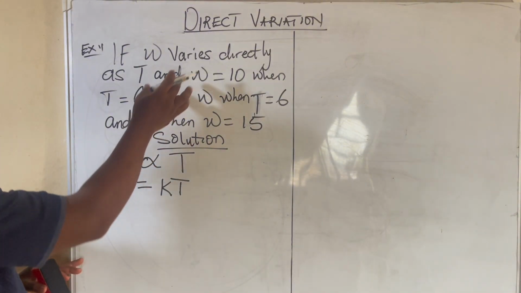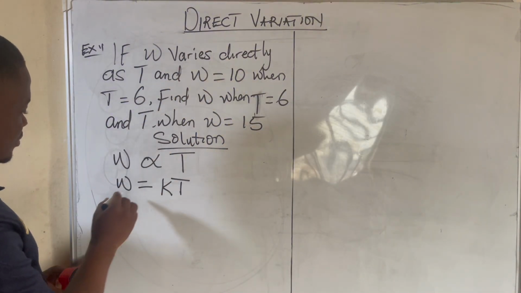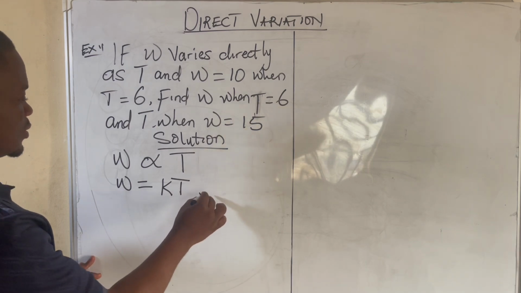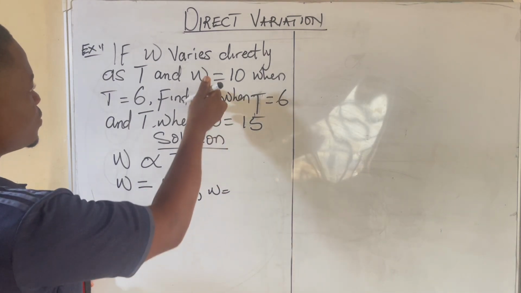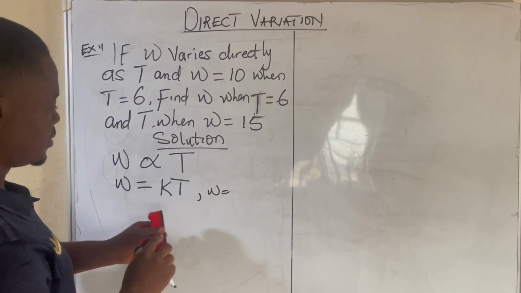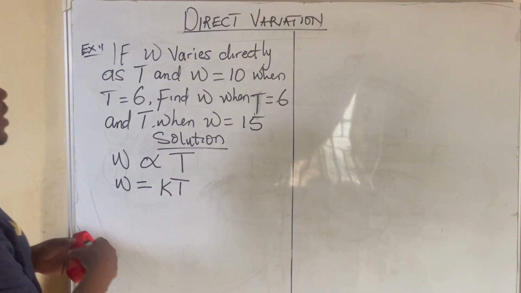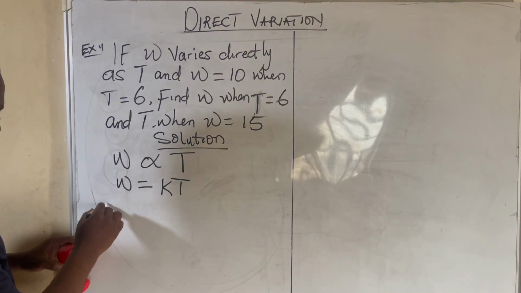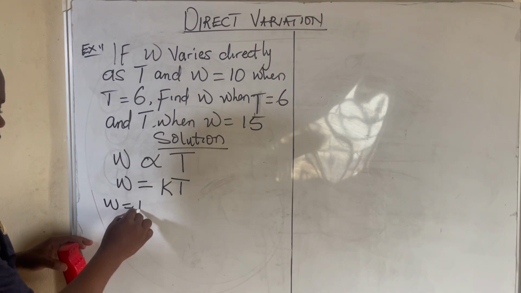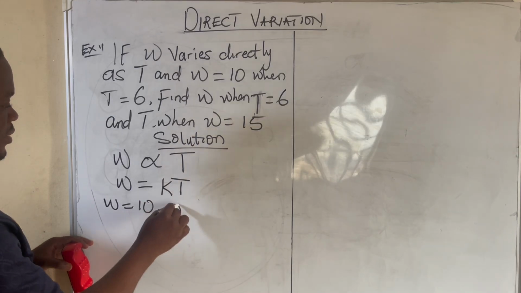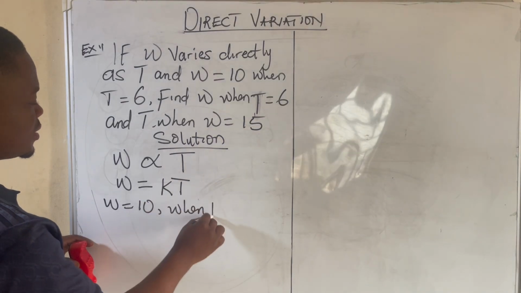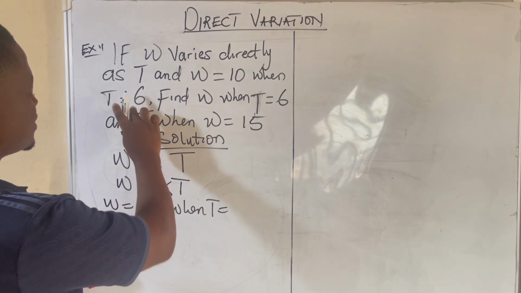Here we have been given that W is equal to 10 when T is equal to 6.